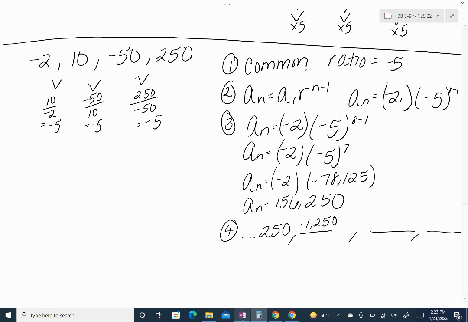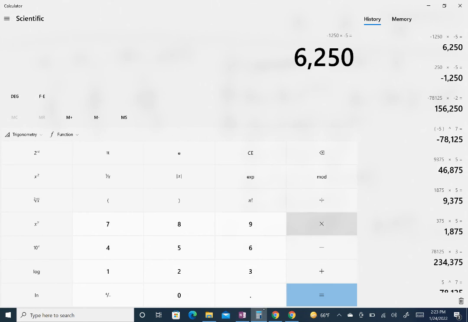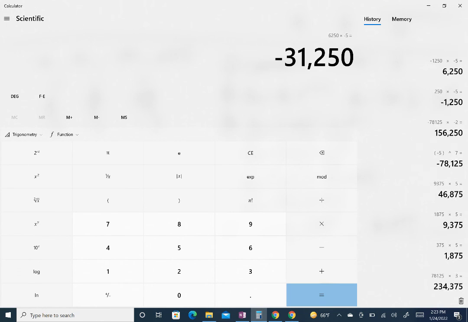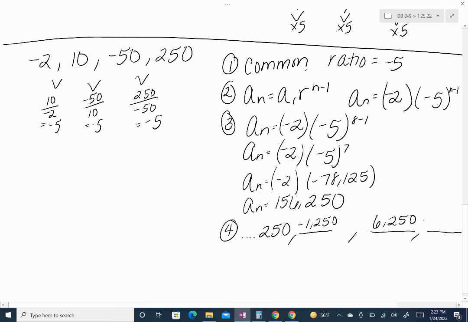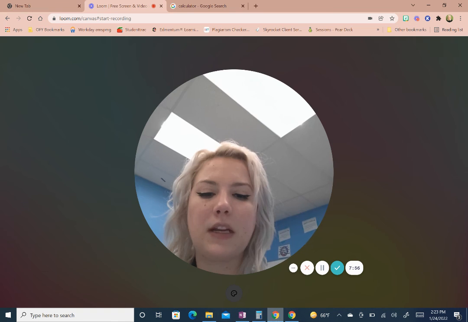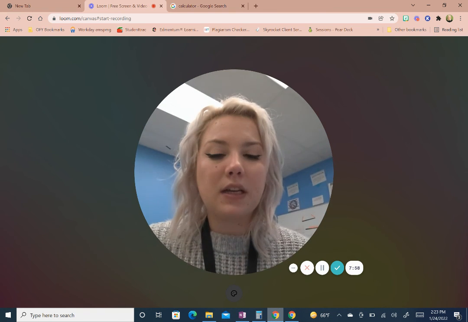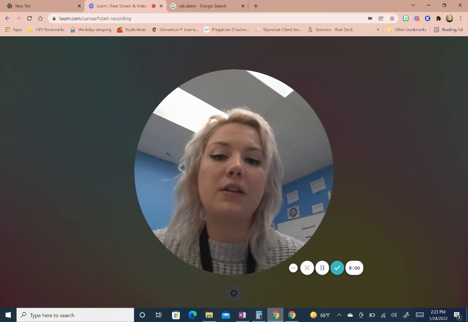That gives me 6,250. And we're going to multiply that by negative 5. Gives me negative 31,250. Okay, and that covers our geometric sequence. Next up would be our geometric series.